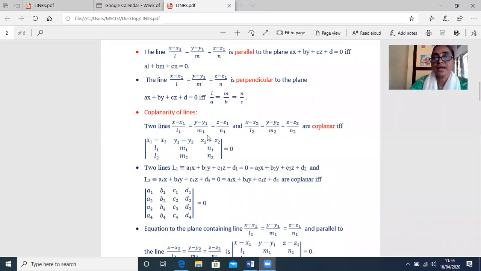Suppose you have two lines with DCs l1, m1, n1 and l2, m2, n2. Suppose the first line is passing through the point x1, y1, z1, and the second line is passing through the point x2, y2, z2. Now, these two lines are coplanar if and only if this determinant is equal to 0. This is the condition for coplanarity of these two lines.